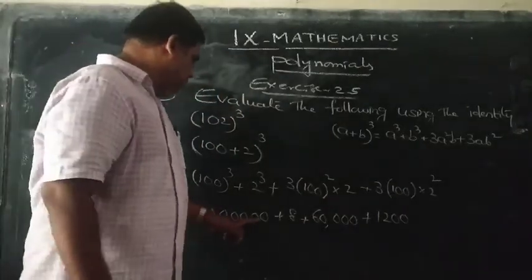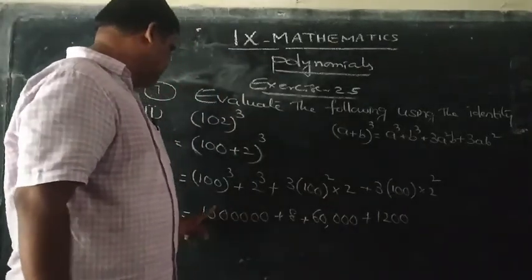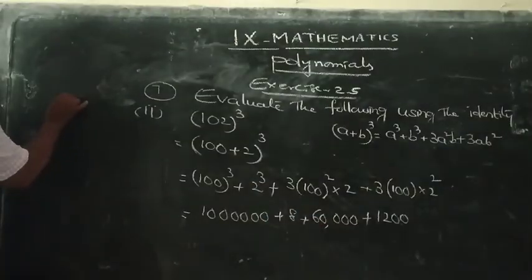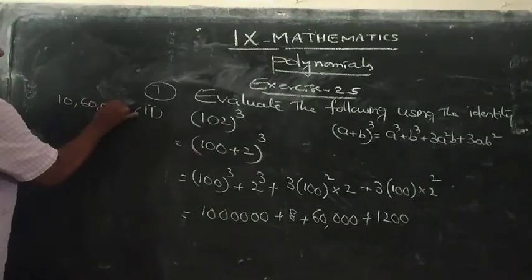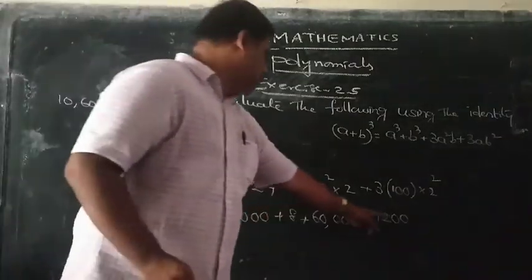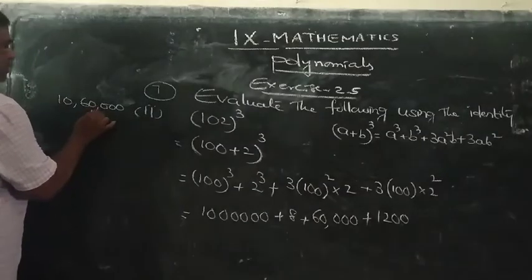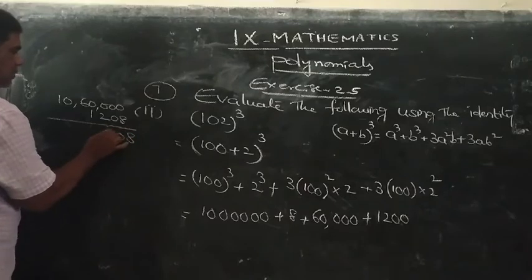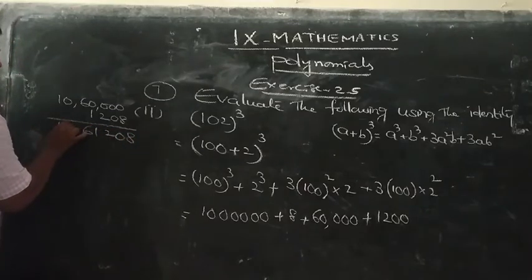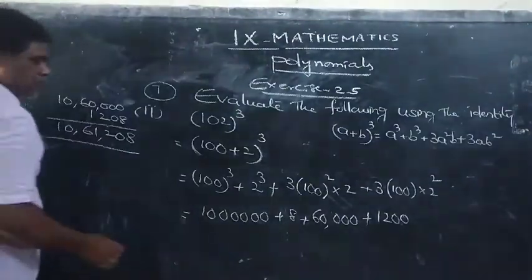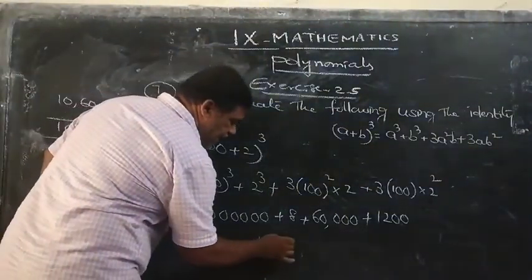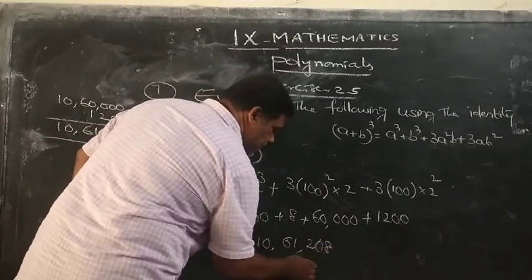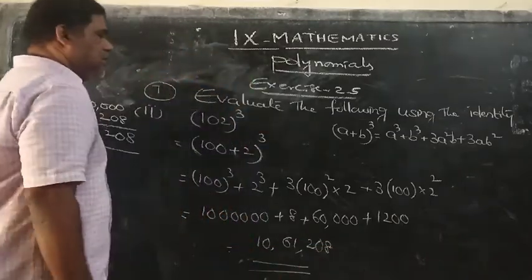It is 10 lakhs 60,000. It is 10 lakhs 1208. So the answer is 10 lakhs 61,208.